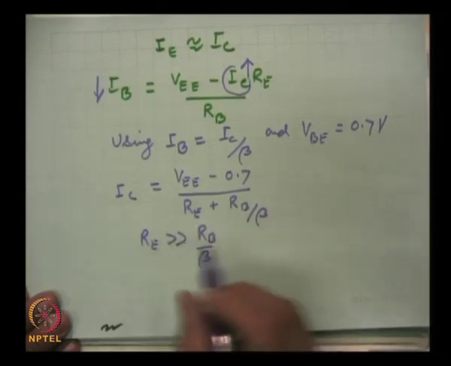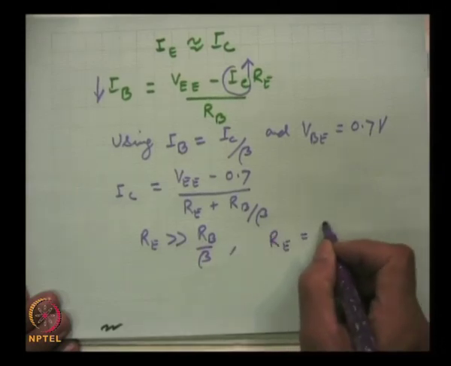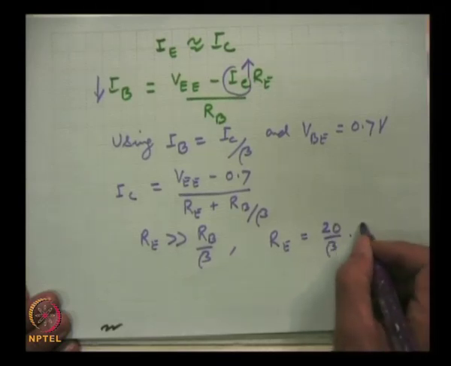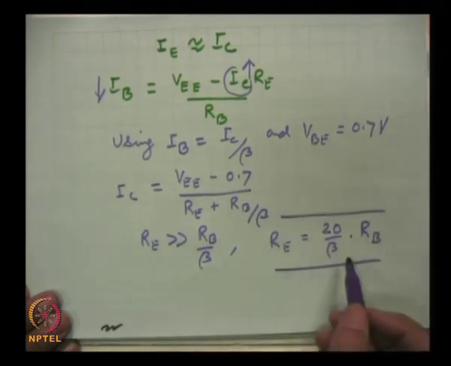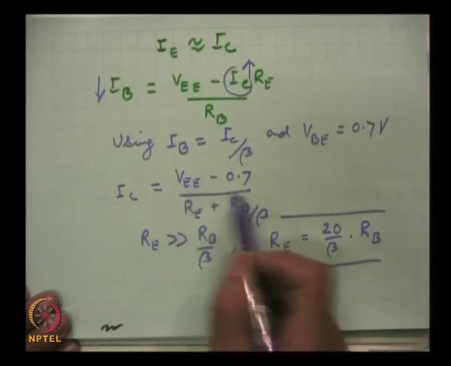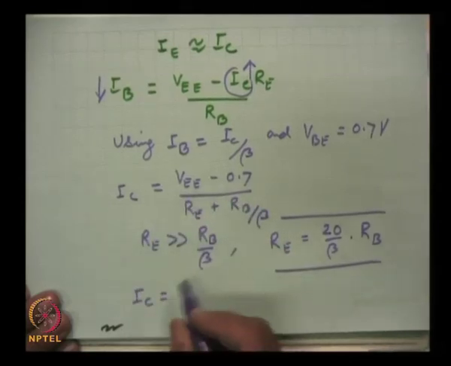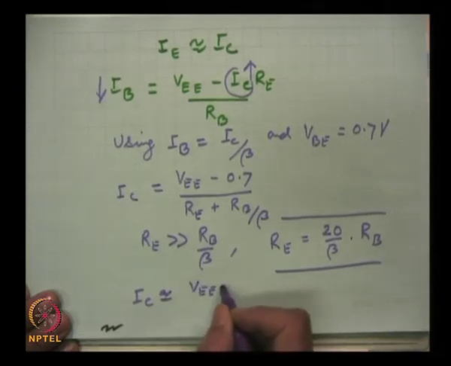By this very large we mean, for example, RE is taken 20 times of this factor. This is good enough. If this condition is met, then this IC will be very closely equal to this.